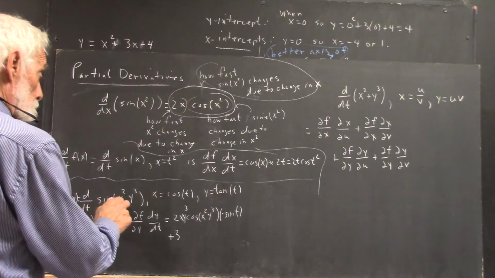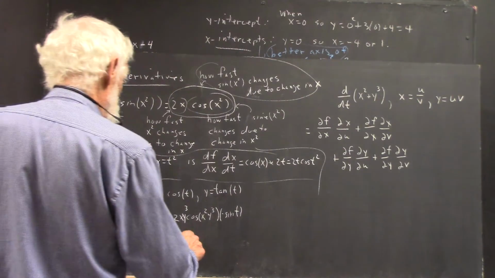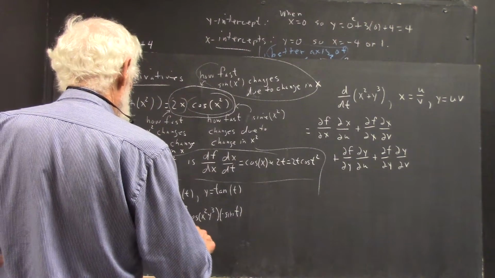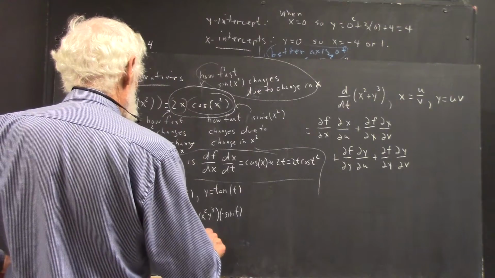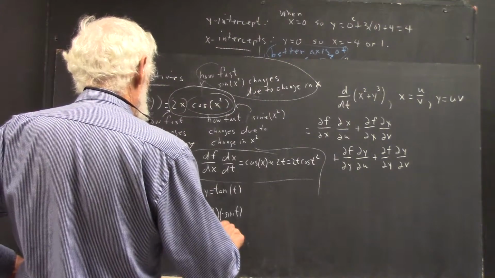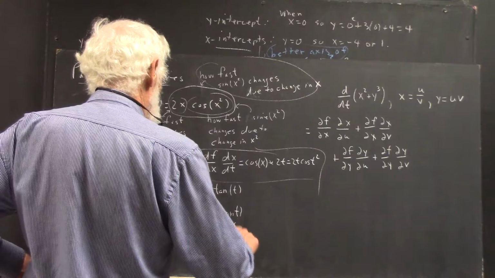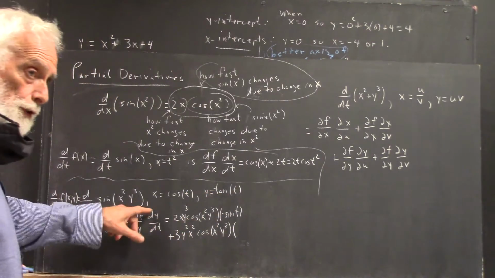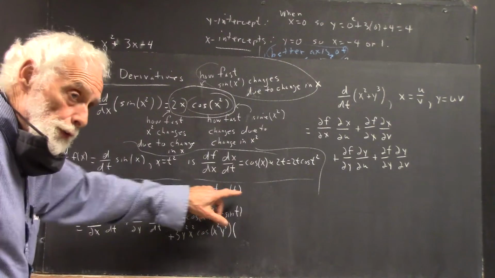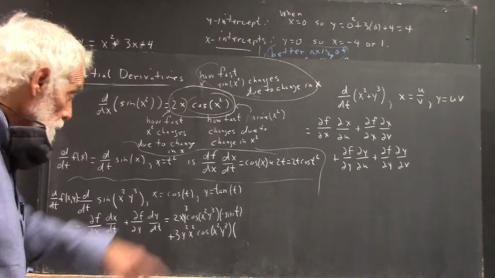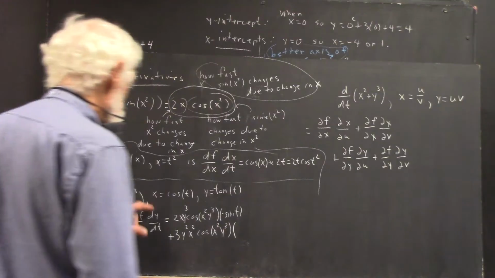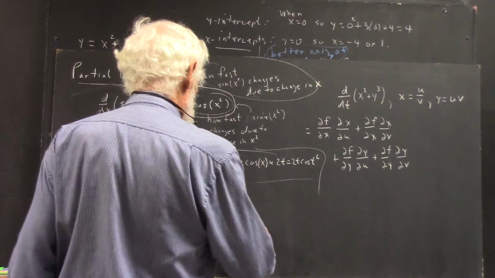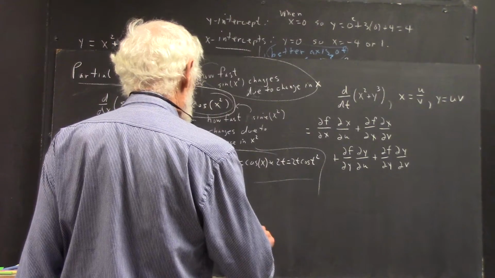The derivative of the argument of the sine function with respect to y is 3y squared times x squared times the cosine of x squared y cubed, multiplied by the derivative of the tangent with respect to t, the rate at which t changes the value of the tangent, therefore the value of y. That's your dy dt, and that's 1 over 1 plus t squared.